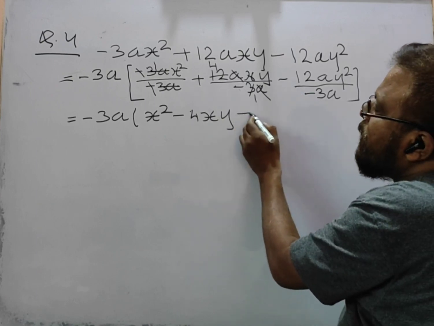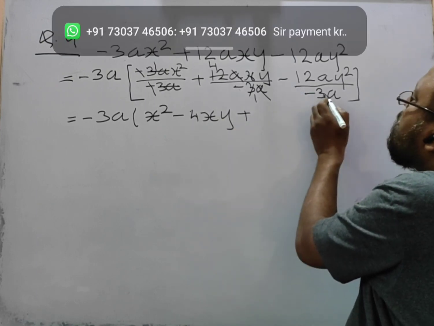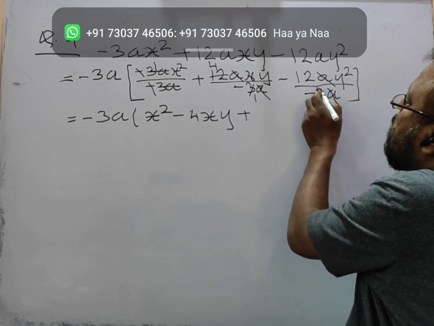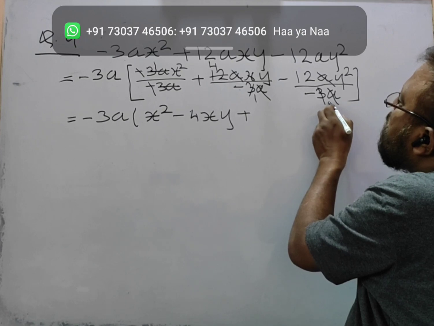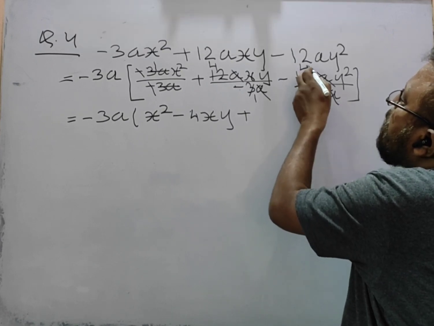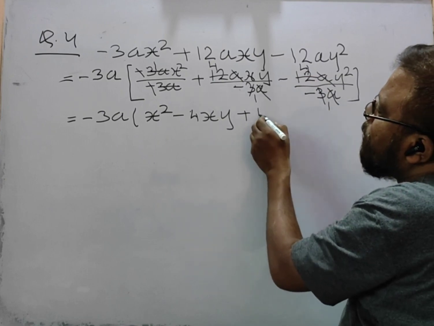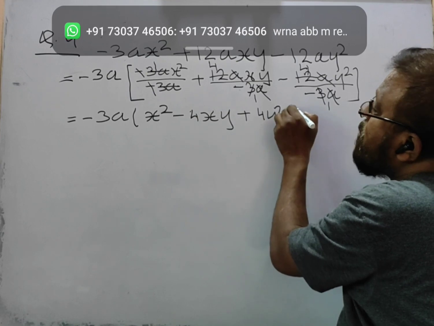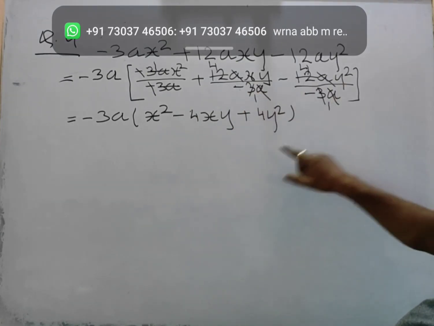So I write here plus, and this a and a is cancelled out, and 3 times 4 is 12. So this is 4 here. So we write here 4y square. Is it okay? We get it like this.